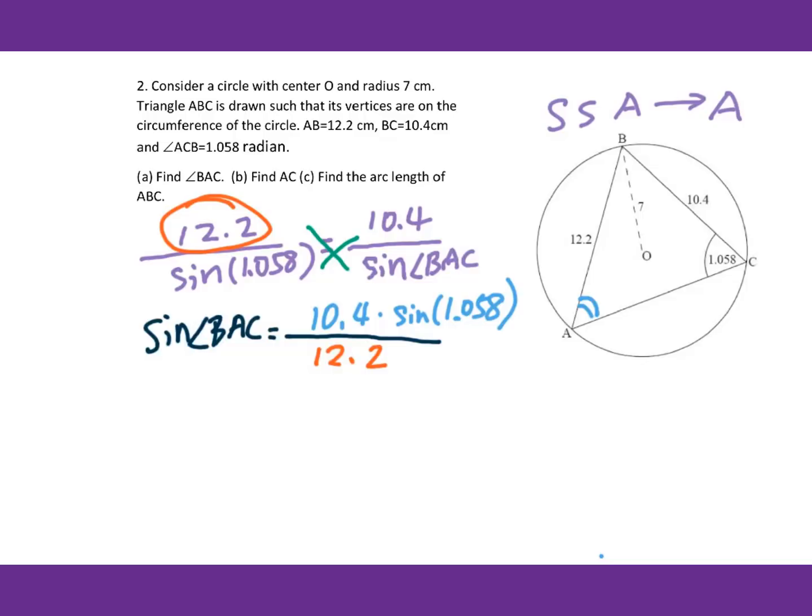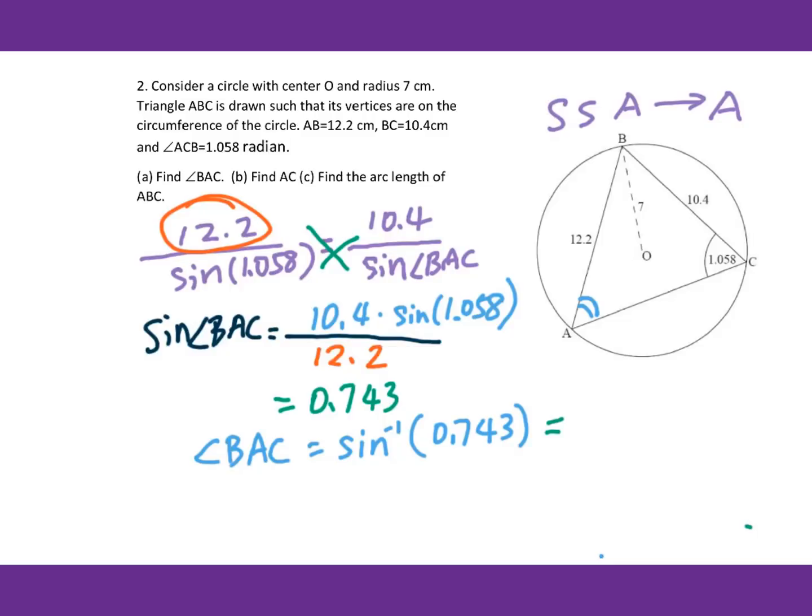You put this into the calculator, you will get, make sure the mode, you need to go back to radians this time. We got 0.743. So angle BAC equals inverse sine of 0.743. That is 0.837.